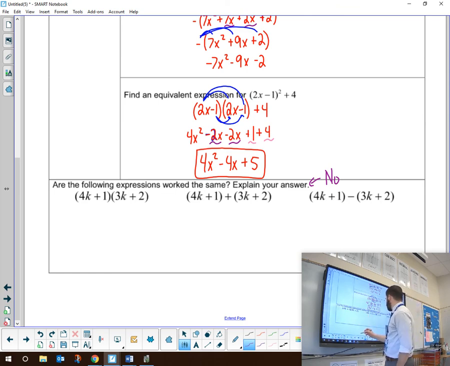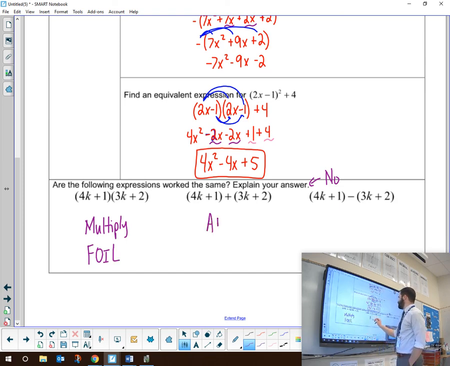So this one, we would have to multiply. We would have to use FOIL. This one, we would add, so we would combine like terms. This one, I would have to distribute that negative and subtract. So obviously, they are not worked the same.